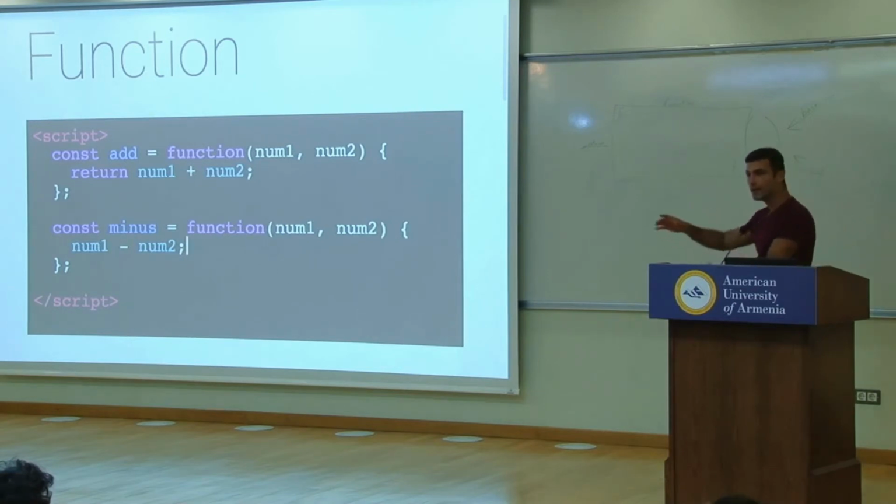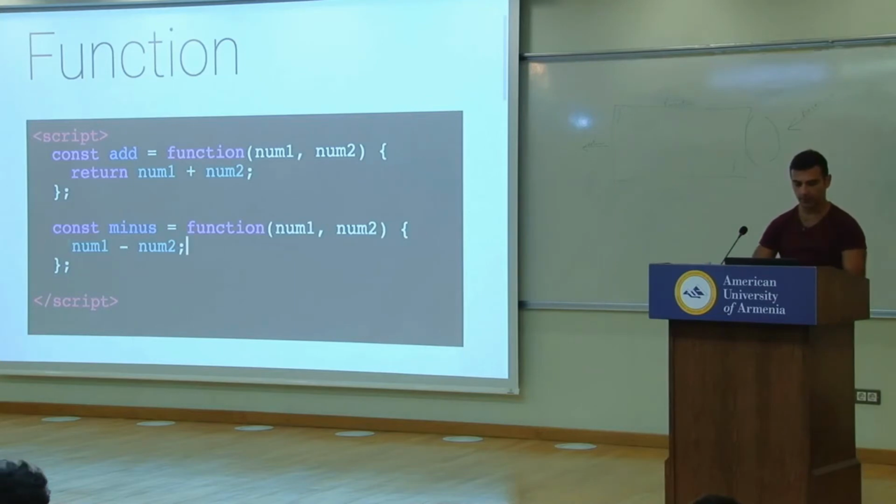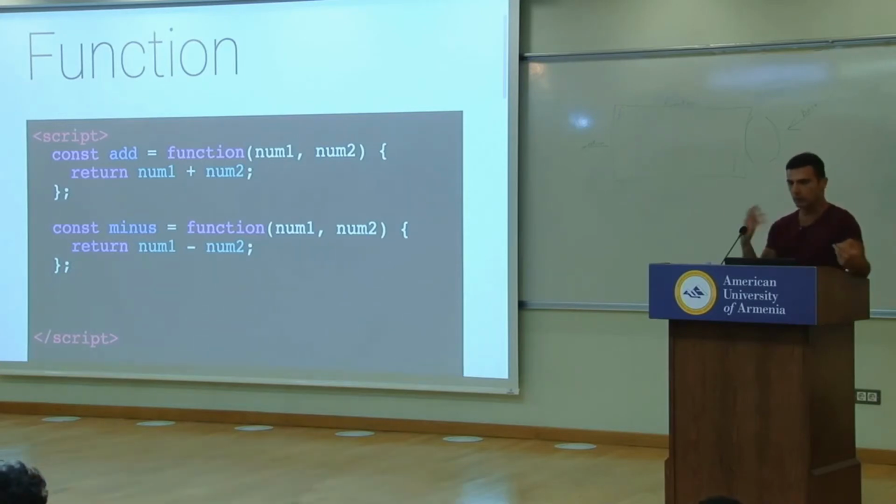Because remember, we need the return. Good. Okay, so we have an add, a remove or minus, whatever. Let's do 2 more. Maybe multiply, divide. What do you think? Yeah? Okay, so const mult. Mult? Yeah, fine. Go.